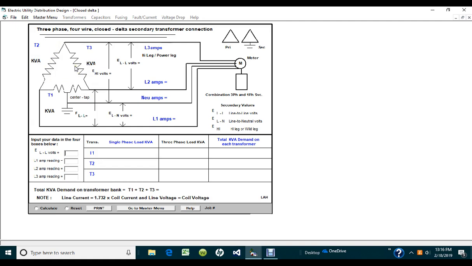I mentioned that this said closed delta. That means that all the way around, the connections, there's nothing missing. Everything is there. You go from one bushing to another bushing, through the transformer to another bushing, through a transformer, through another bushing, and so forth.